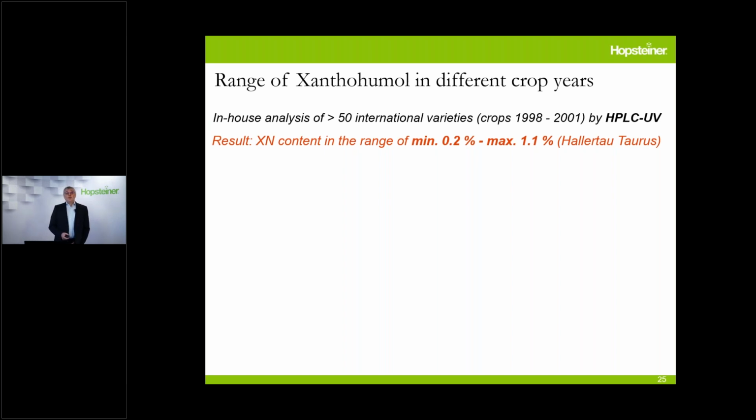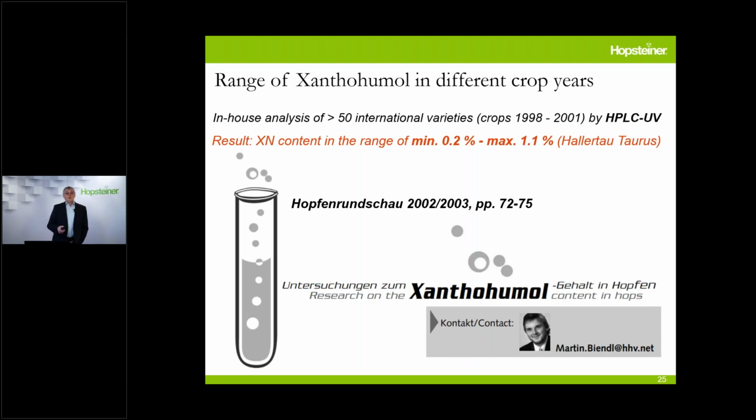We did the analysis by HPLC UV, and the result was that the xanthohumol content has a wide range. The minimum concentration is 0.2% and the maximal concentration is 1% in the variety Hallertau Taurus. We have published these results in Hopfenrundschau International 2002, 2003.